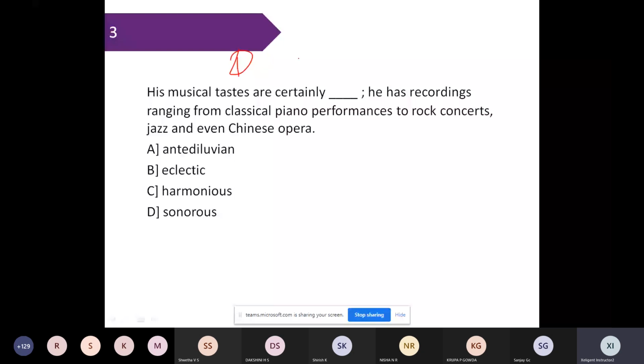So obviously this part of the sentence is going to give you more information about the previous statement, that his musical tastes are certainly blank. Now read the question and find your guess word first. What is your guess word? If you feel I'm rushing, just let me know so that I will reduce the speed.